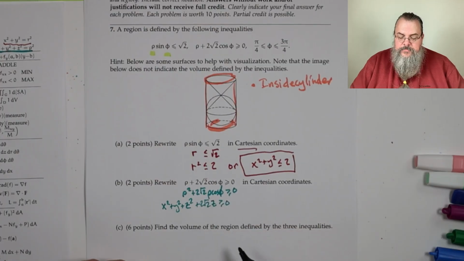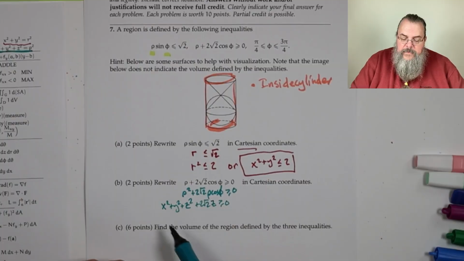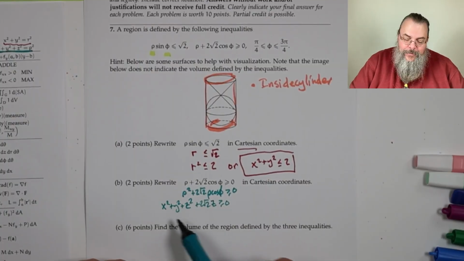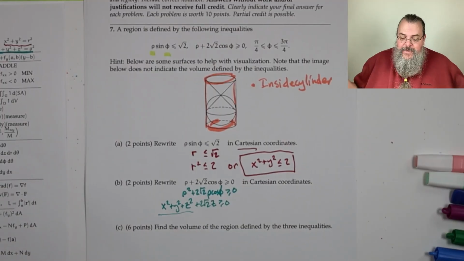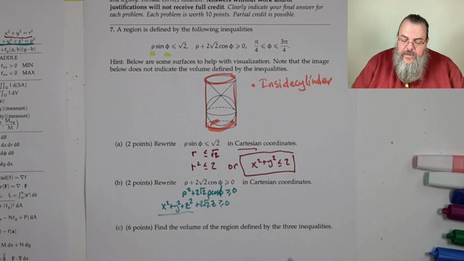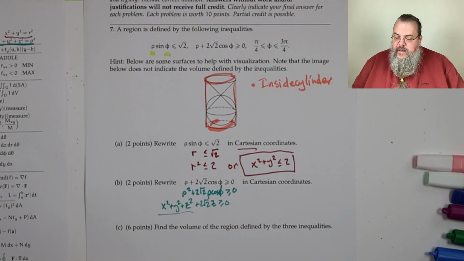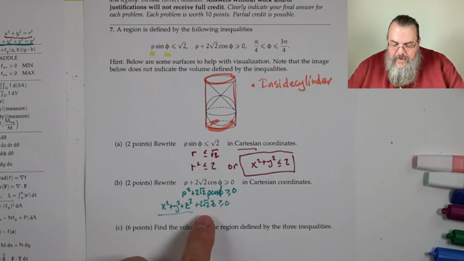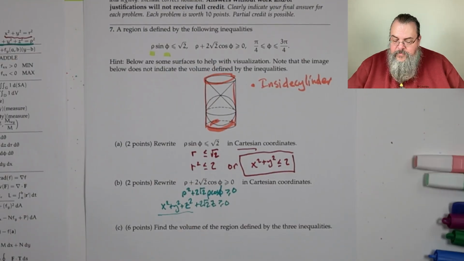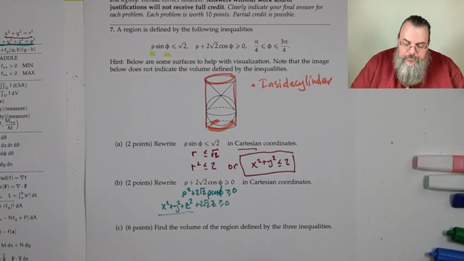Well, that feels sphere-like, because if you see x squared and y squared and z squared, you think sphere. But what sphere? To do that, we would want to complete the square. The x's and y's are good to go. The z, not yet. The problem with the z is that you have this 2 root 2 z. So what do we do there?